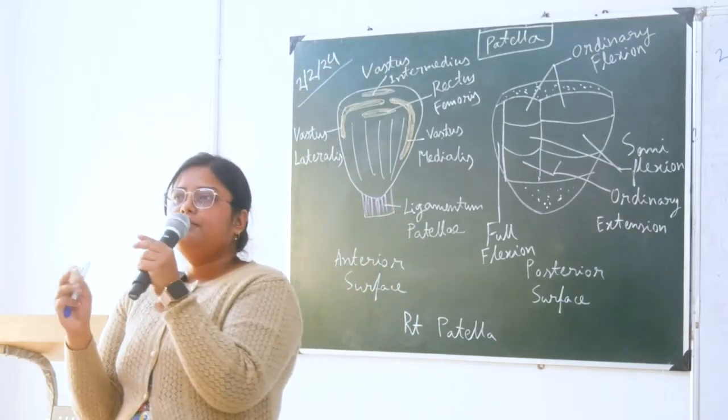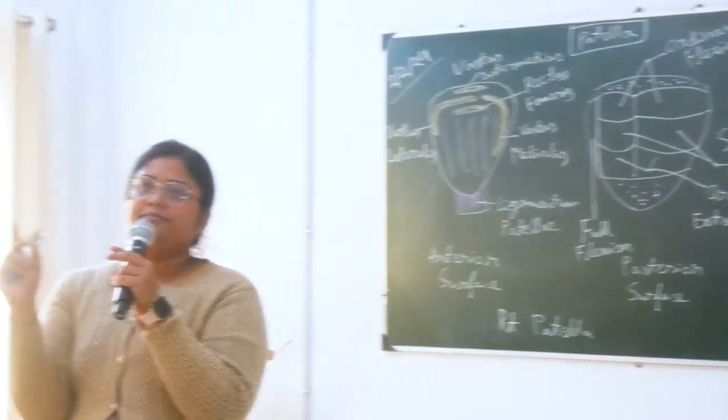Now, how will you determine the side of the patella? That is very important. The apex is directed downward, the base is upward, and the articular surface is posteriorly placed. So above and below is determined by the apex, which is downward.